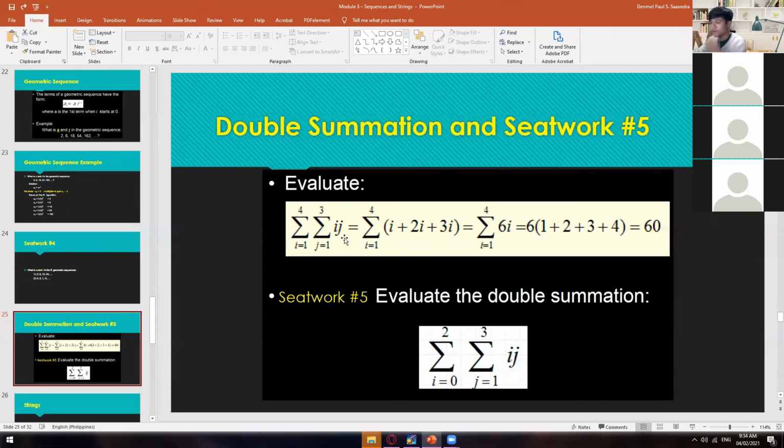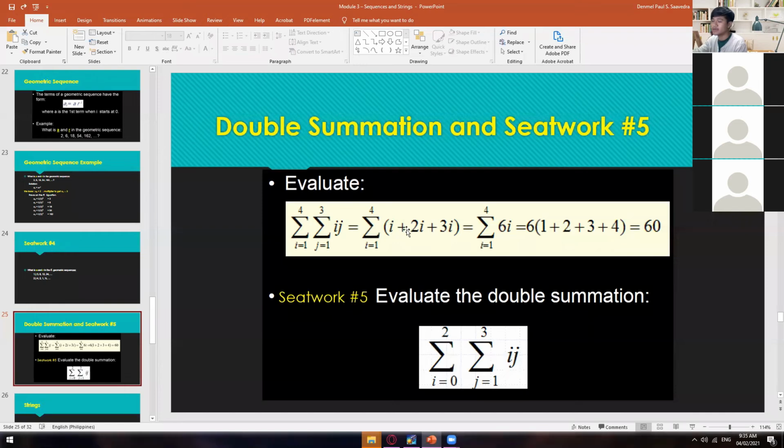You can simplify this by distributing your letter J first. As you can see, we retain the summation of I up to 4, and then just distribute the values from 1 to 3. Take note, since this is a summation, we will use addition. So I plus 2I plus 3I.